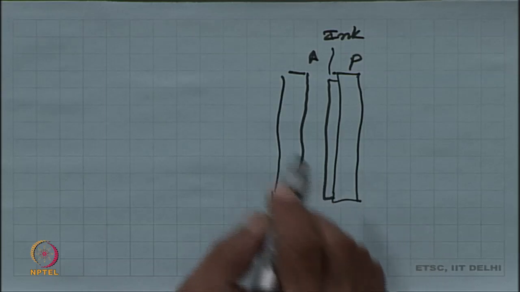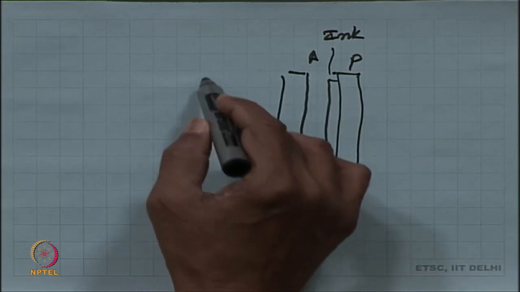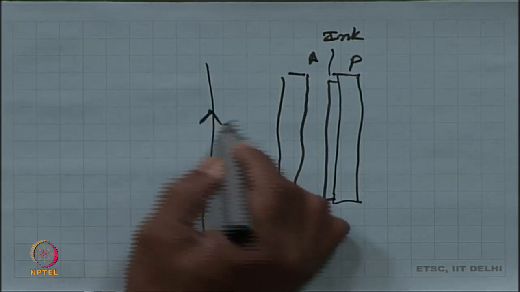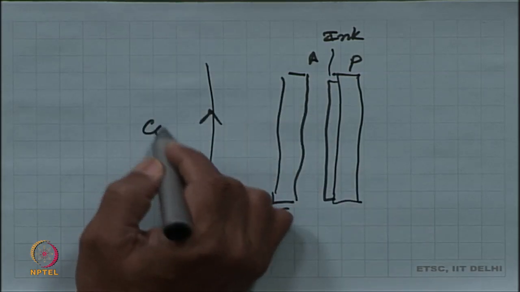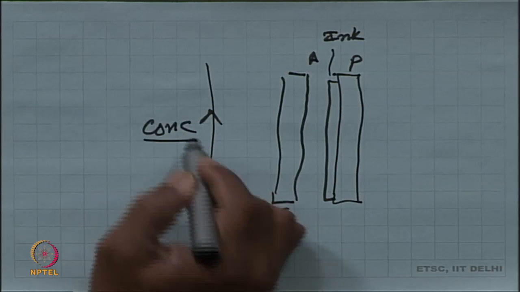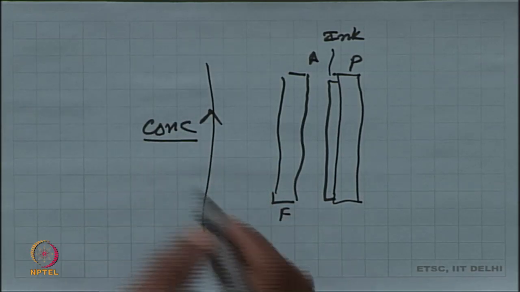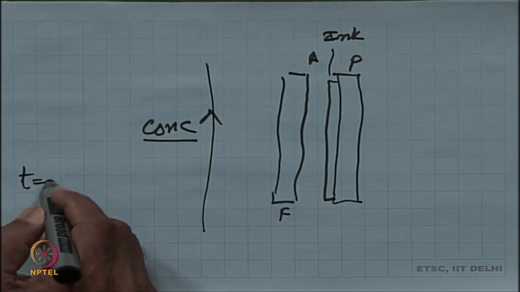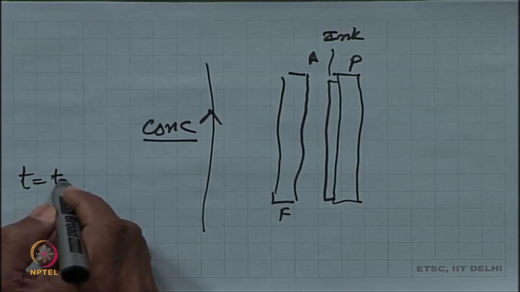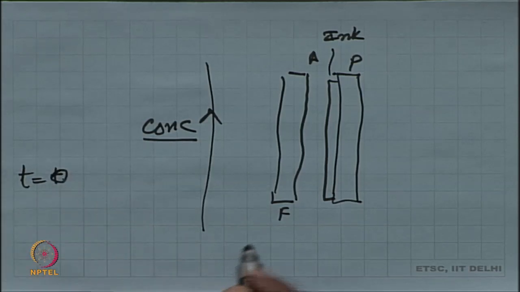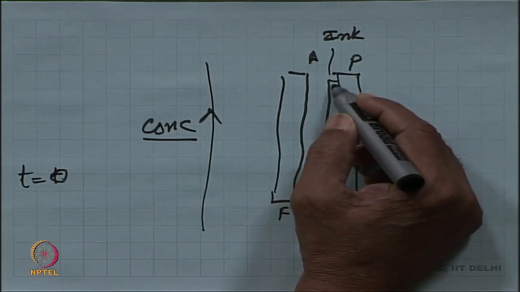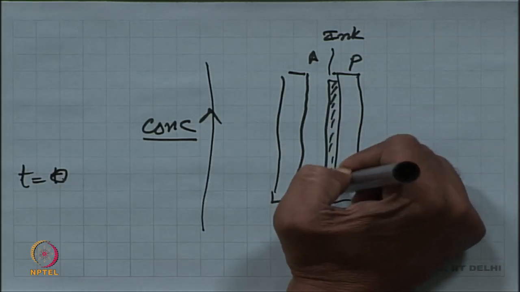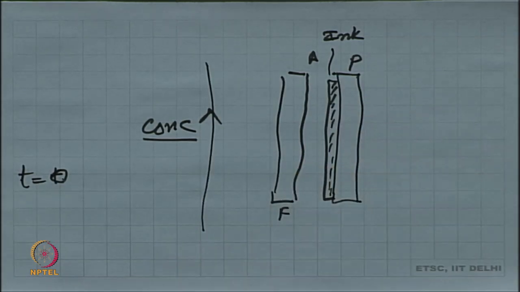Now, if you assume this, an interesting way to look at it is that you consider this as the axis which is representing concentration. So, at a given time t is equal to 0, all the dye is here in the ink layer.